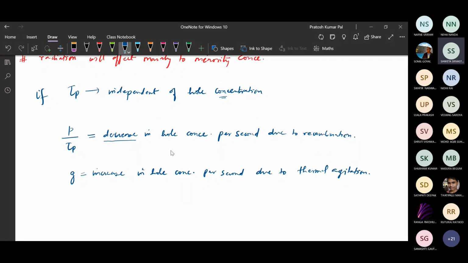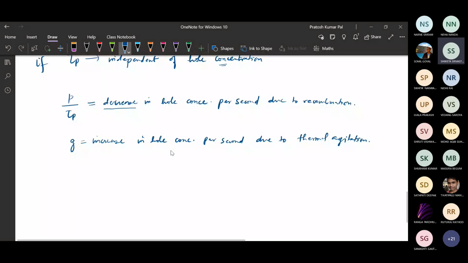So suppose once we have applied thermal energy, g amount of holes are going to generate per second.